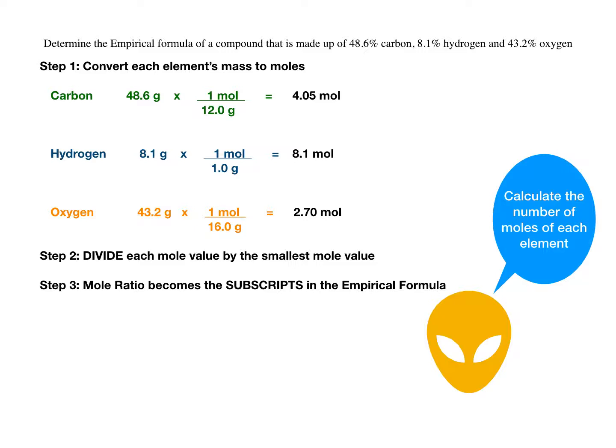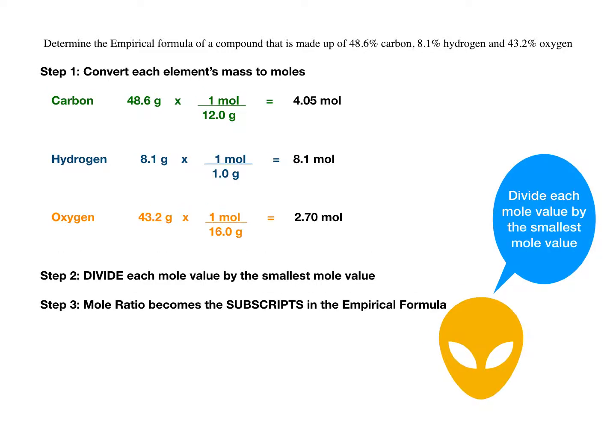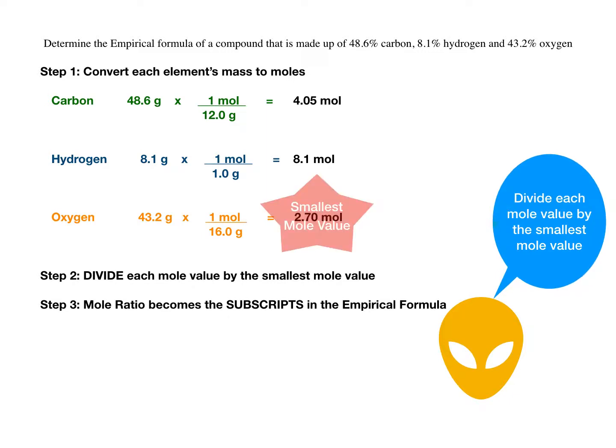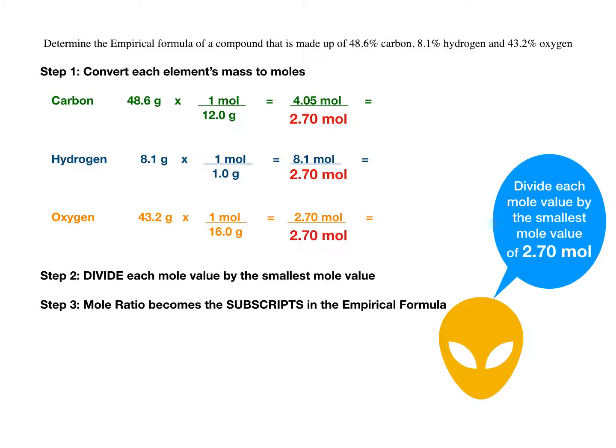The second step is we need to divide each of those calculated mole values by the smallest mole value. I hope you recognize right away that oxygen's mole value of 2.70 is the smallest out of all the mole values calculated. So show your work nice and neat, and notice that each element's individual mole value is being divided by the 2.70 moles, which is the smallest mole value in this problem.